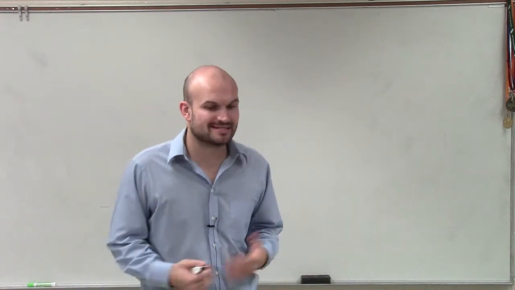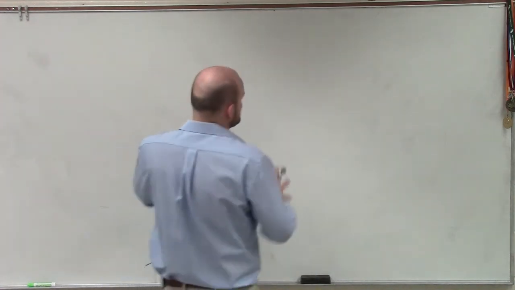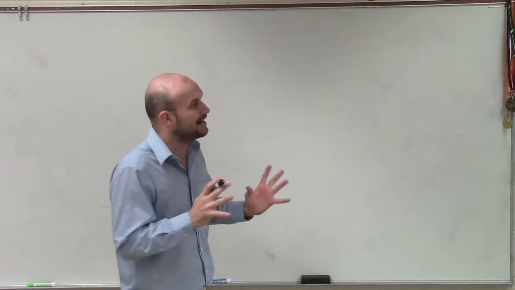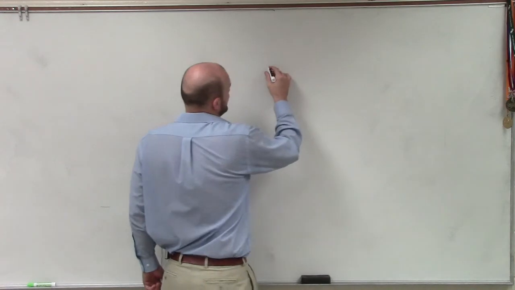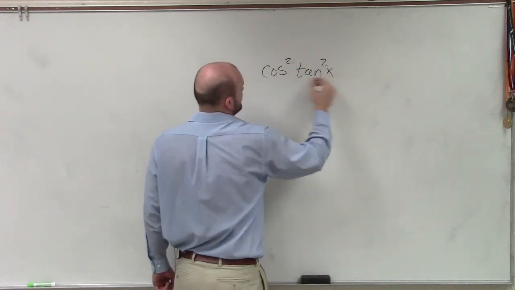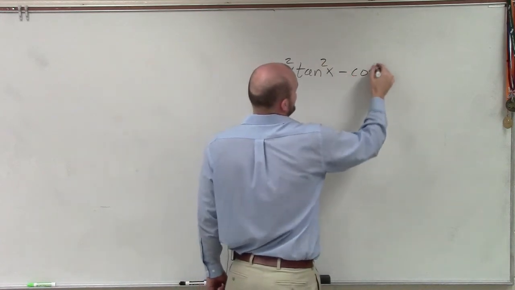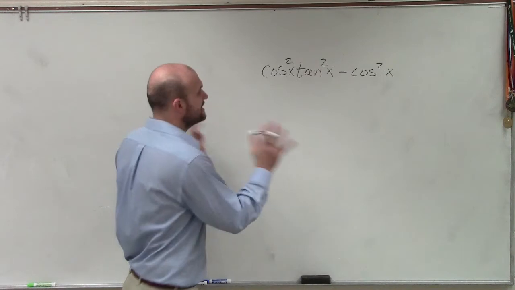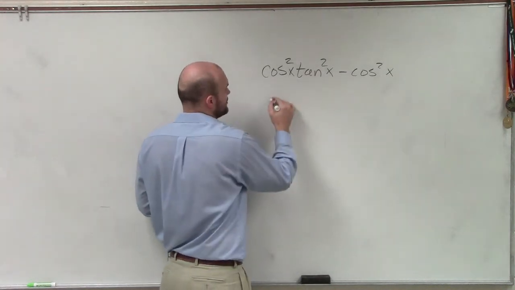A couple of common mistakes that I would see with students coming into this: when you start looking at a problem and you get stuck, and you're like, I don't know what to do next. A lot of times what I tell students is, for instance, say I had cosine squared times tangent squared of x minus cosine squared of x, and students are saying, I just don't understand the factoring part of it. Forget about the sines and cosines.